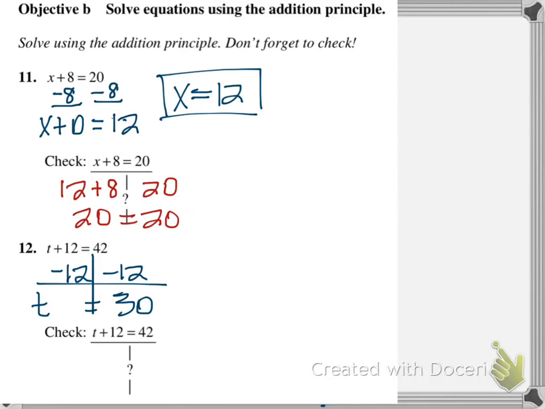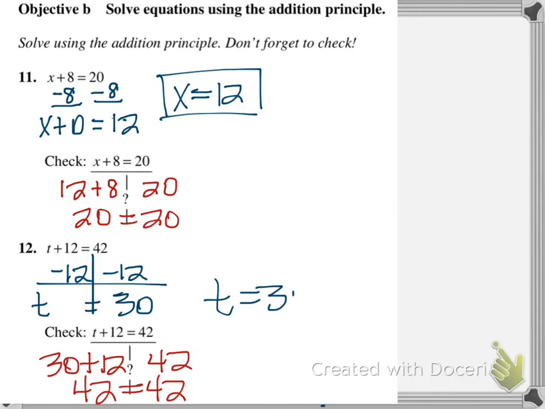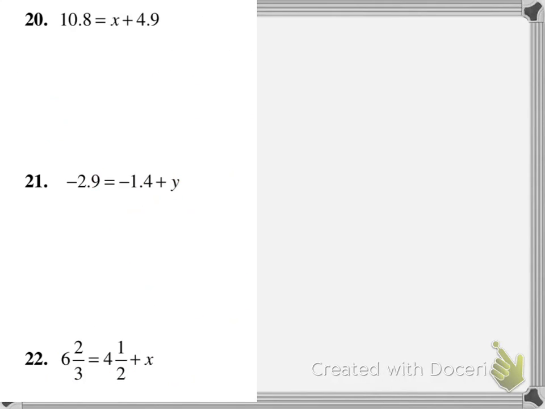And again, you can check your work. Plug in what you think the answer is, and as long as you maintain equality, then you know you're right. 30 plus 12 is 42, which equals the 42 on the other side. So our answer of t equals 30 is correct.